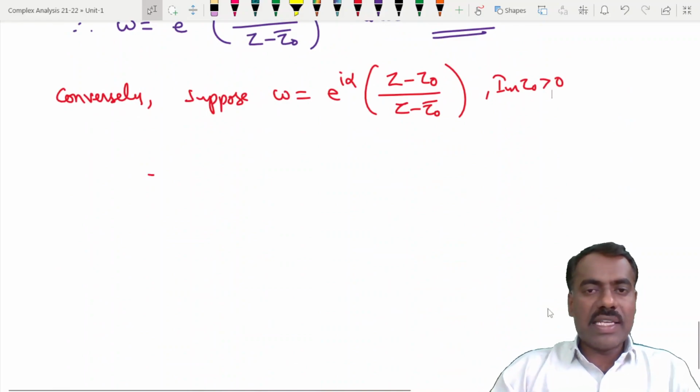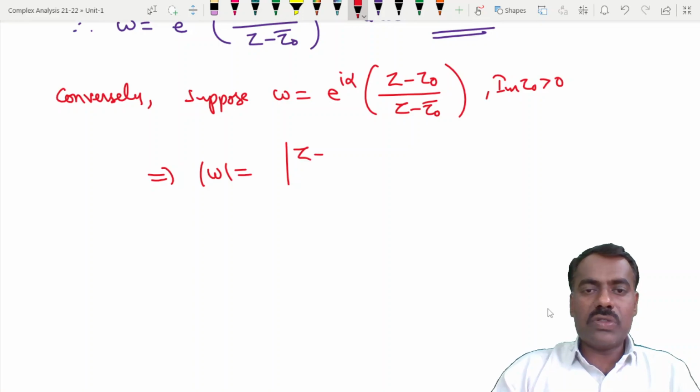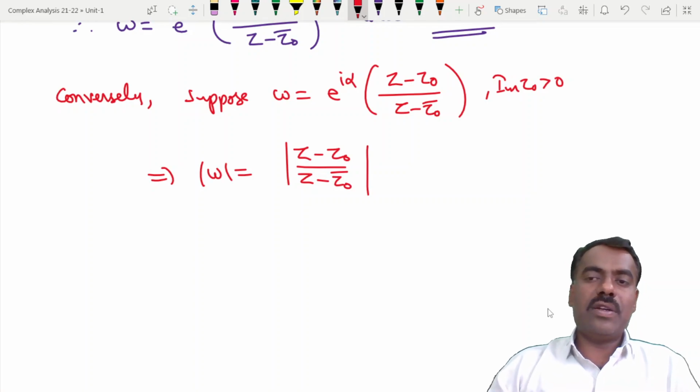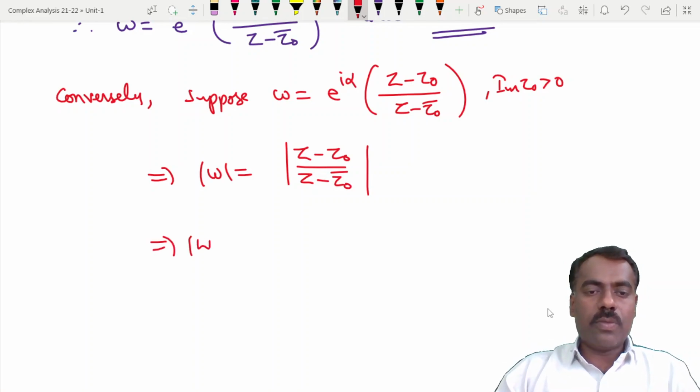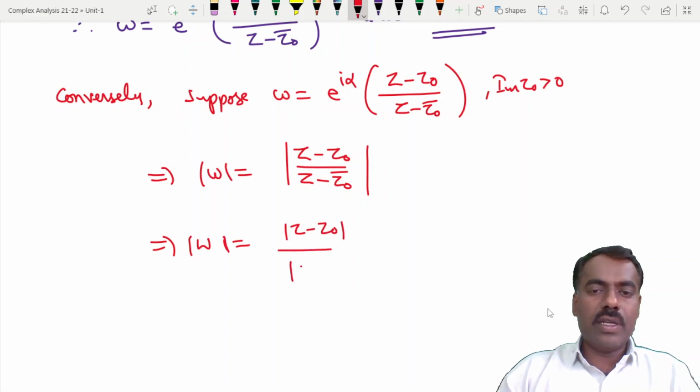Geometrically we can visualize it. Mod w is equal to mod (z minus z0) upon mod (z minus z0 bar), since the modulus of e power i alpha is 1.